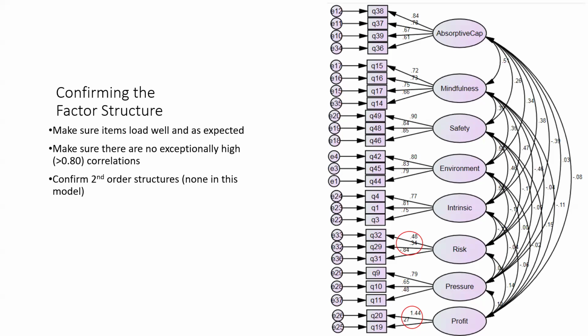Discriminant means one factor is different from another. On one side we want all the items to be related to each other, loading into the same factor. On the other side we want to know that this factor is different from that one. Like British people, whoever has British citizenship should be British.